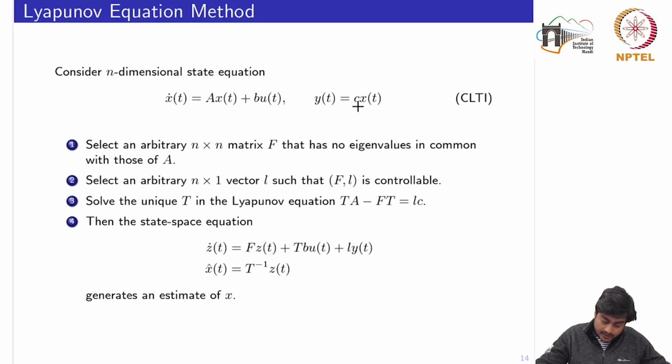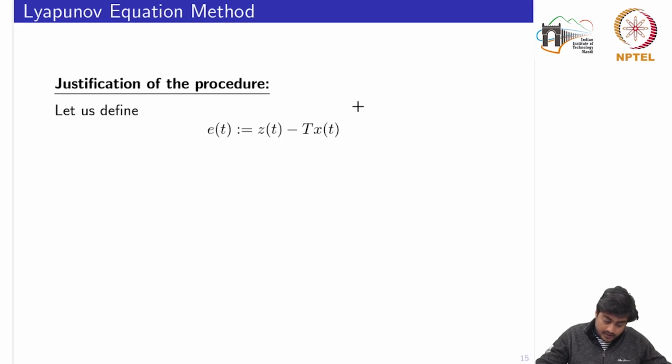So we can quickly see whether the observer we got by using the Lyapunov equation method would lead to the state estimation error equal to 0. Here we define the state estimation error as e equal to Z minus TX, where Z is the internal state of the observer and X is the state of the plant.